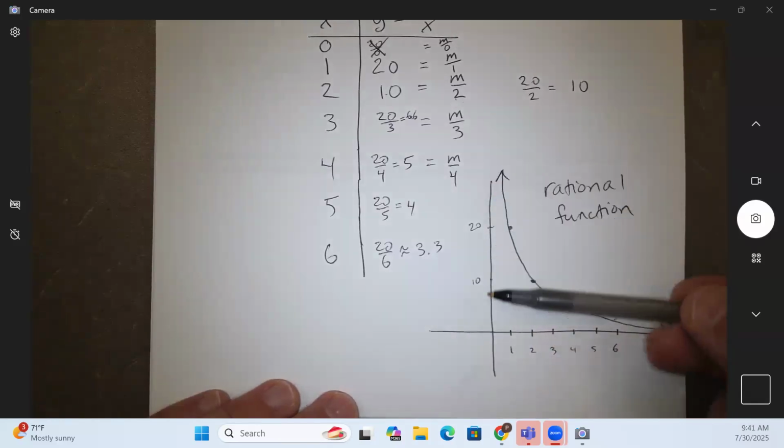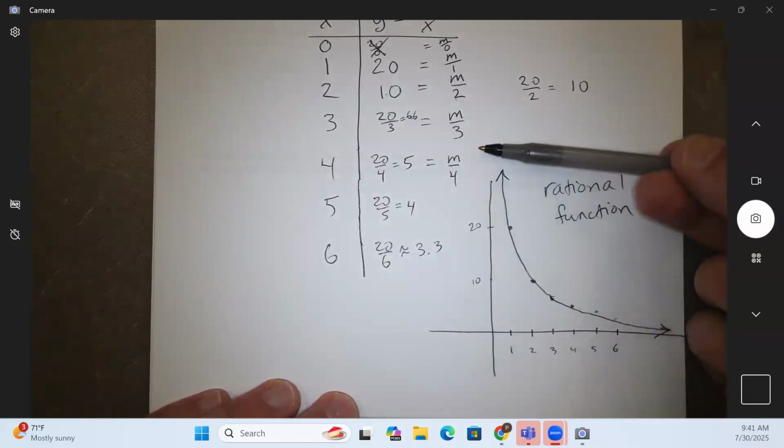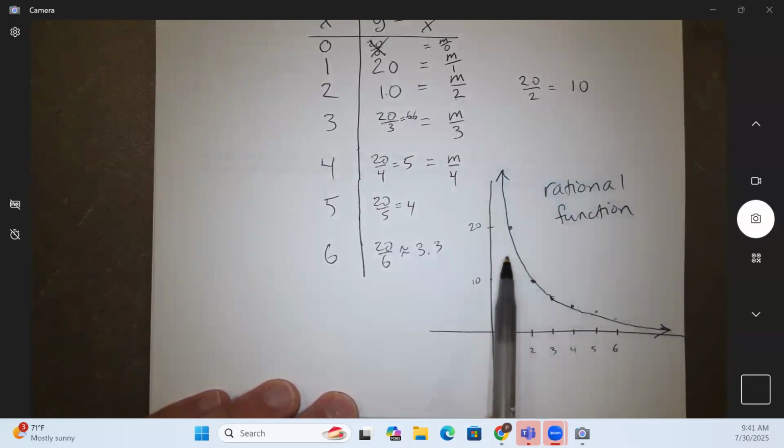It never touches the y-axis because you can't divide by 0. And it smooths out, right? As Joey gets more and more friends, what happens to Joey's boredom? Gets smaller and smaller. It's never negative because there's no such thing as negative boredom. Everybody always has a little boredom in their lives.